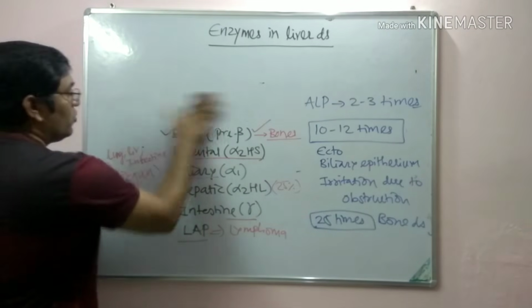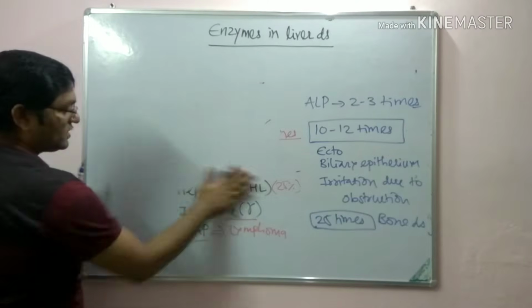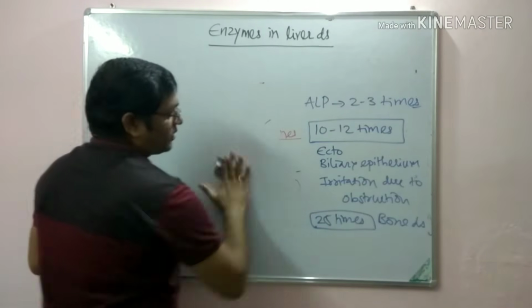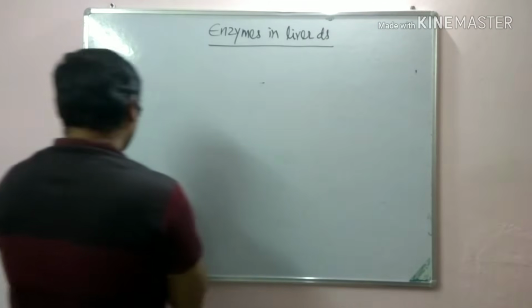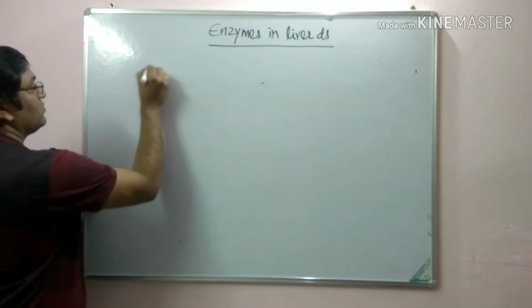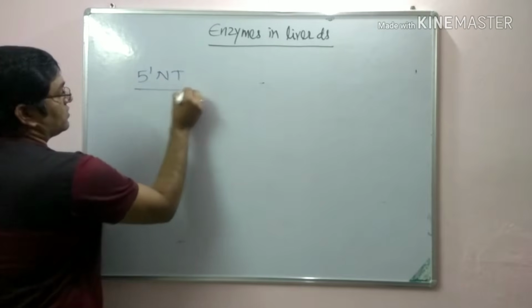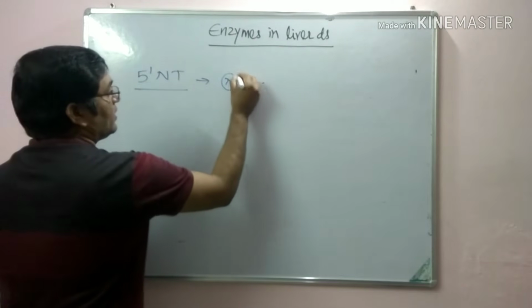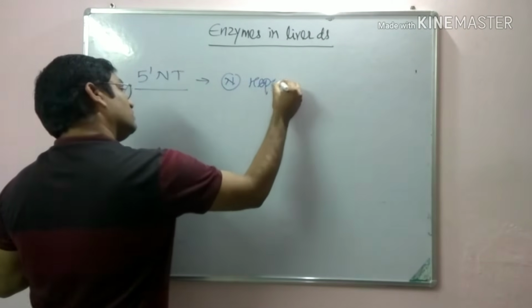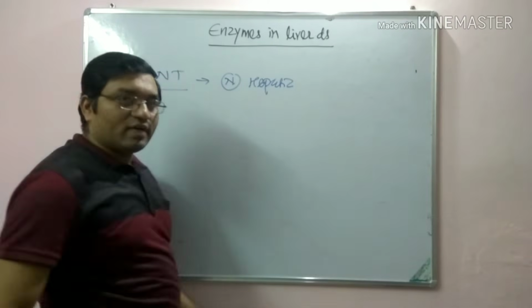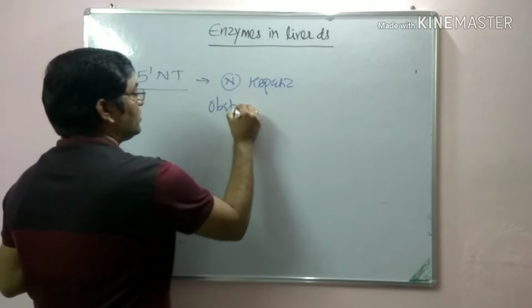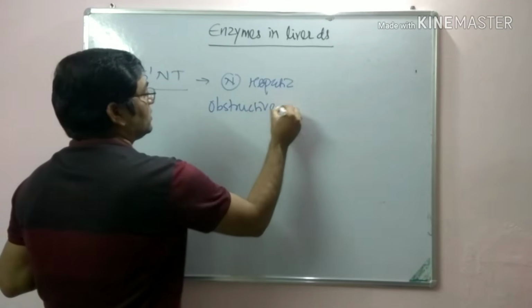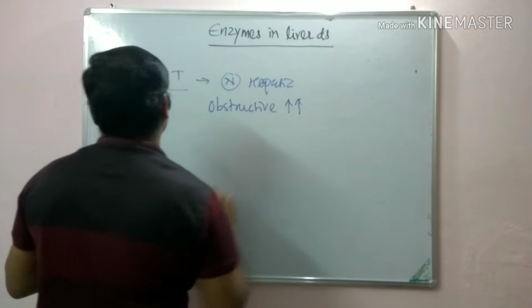Now coming to the fourth enzyme, that is 5' nucleotidase. The concentration of 5' nucleotidase is normal in hepatitis, but whenever there is intrahepatic or extrahepatic obstruction, or obstructive pathology, the concentration increases.